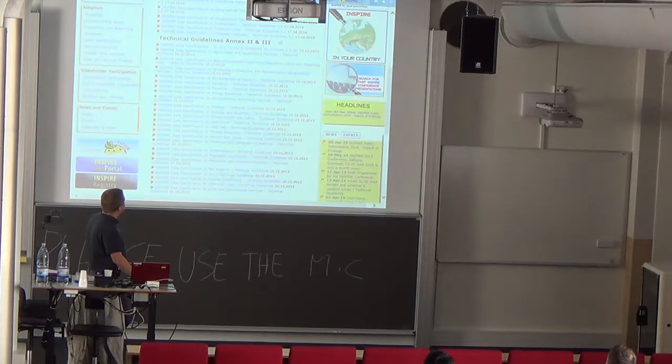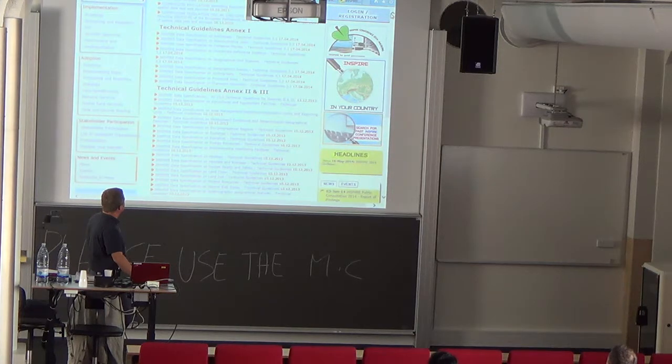Okay, so all the data specifications are here. I already showed you on the INSPIRE website. You can see that Annex 2 and Annex 3 were published in December last year, the final versions. There were also some changes, so that's why we have for Annex 1 this 3.1.